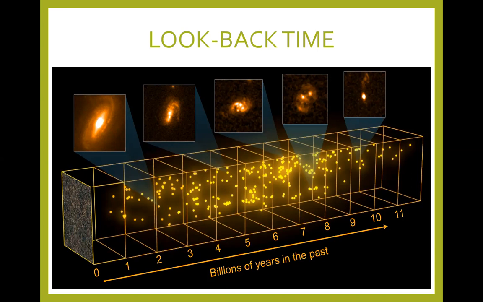So if an object is very, very far away, then when it produces light in its past, that light takes a long time to get to the Earth. That means that when we're getting light from distant objects, we're really getting light from how it looked in the past, not how it looks in modern day times. So that's where this picture comes into play.